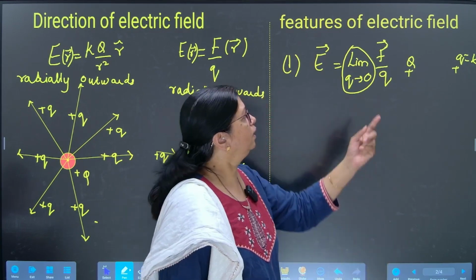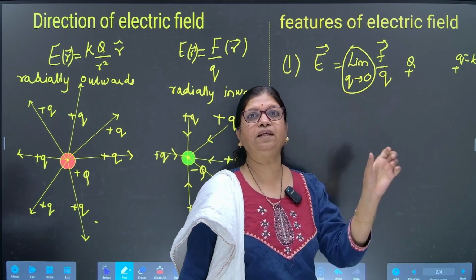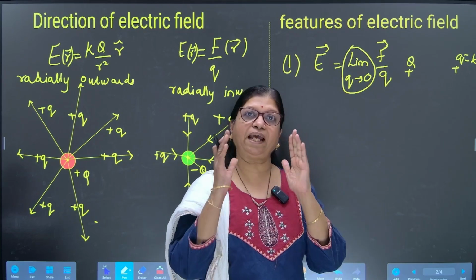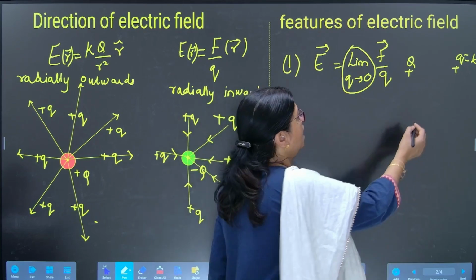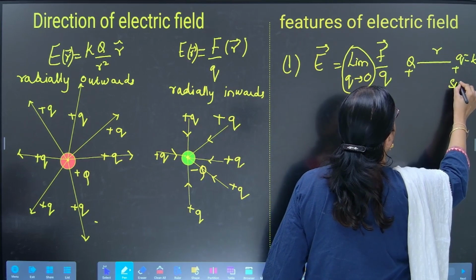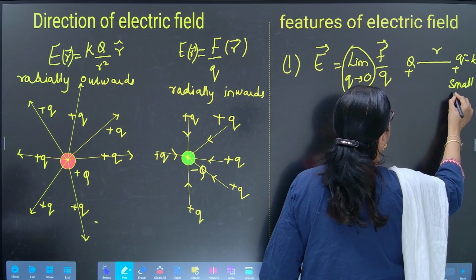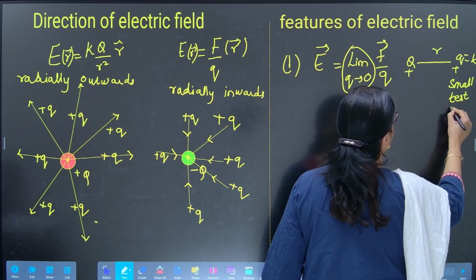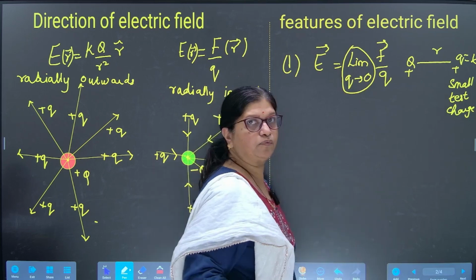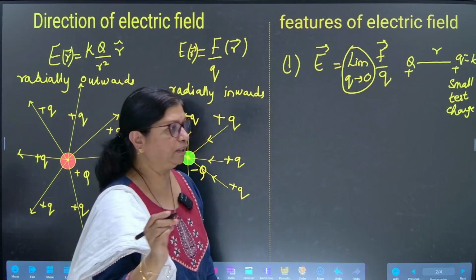Correct? So, in order to maintain the electric field of the source charge at a particular distance R, we take this as a small test charge. Fine? That is the significance of limit Q tends to 0.